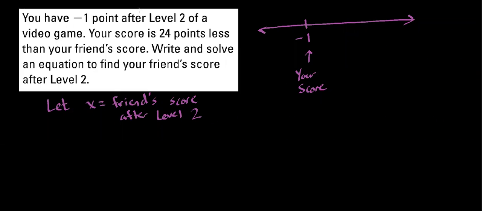Your score is 24 points less than your friend's score. So my score is less. So if my score is less, it's going to be to the left on the number line, and my friend's score over here is going to be on the right. So I know my friend's score is over here.